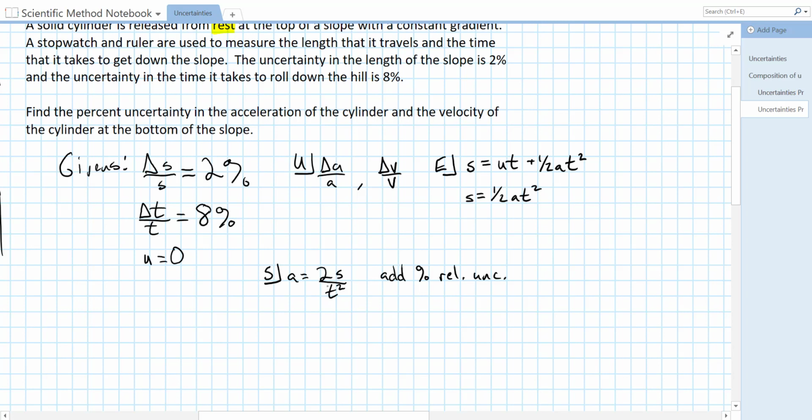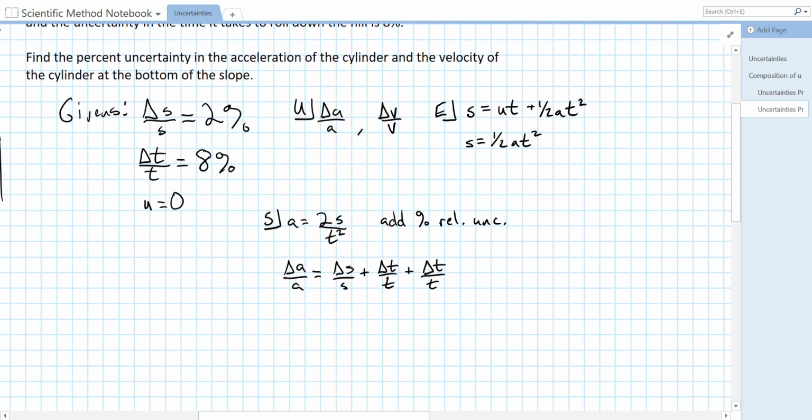Here our input variables are S, T, and actually T again. So we can say that our percent uncertainty in A, delta A over A, is equal to delta S over S plus delta T over T plus, since it's T squared, delta T over T again.